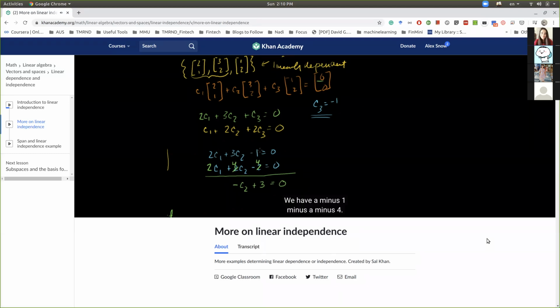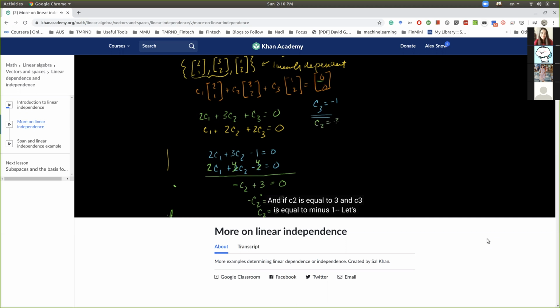We have a minus 1 minus a minus 4, so plus 4. So we have a plus 3. Right. So we have minus C2 plus 3 is equal to 0, so minus C2 is equal to minus 3, or C2 is equal to 3. So we get C2 is equal to 3.